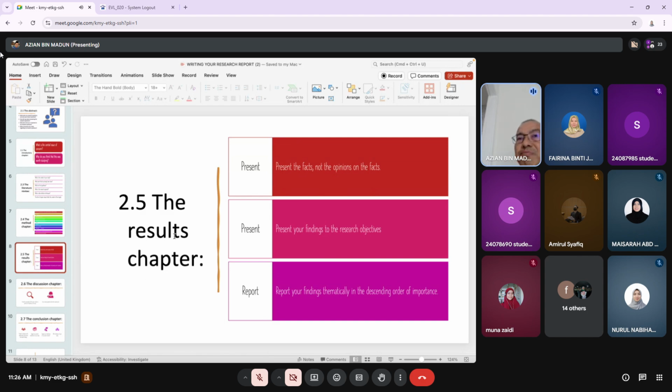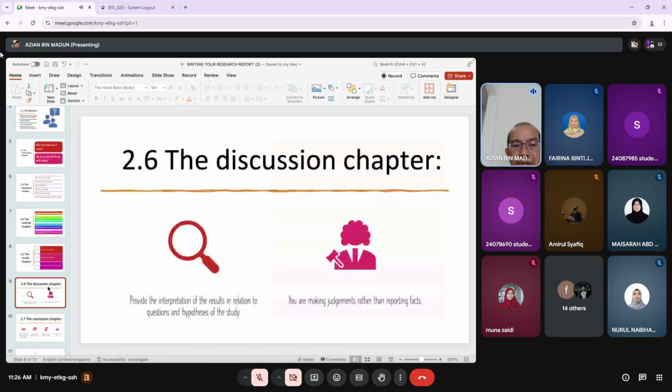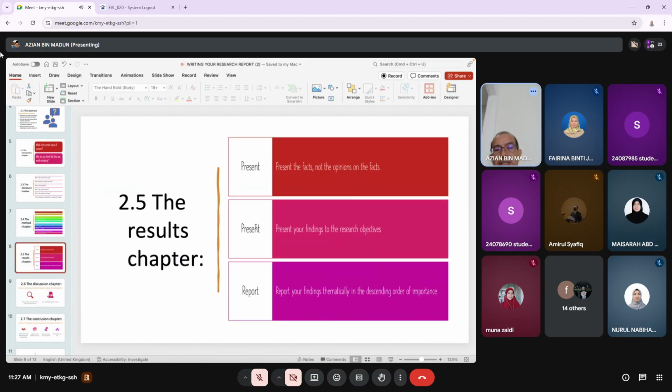Why? Usually because when you are doing quantitative or survey research, you have to present a lot of tables. Table 1, table 2, table 3, maybe about the distribution of your survey respondents, how many are young, how many old, how many poor, how many rich.